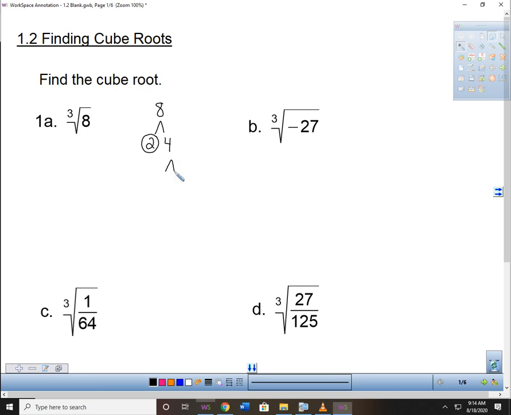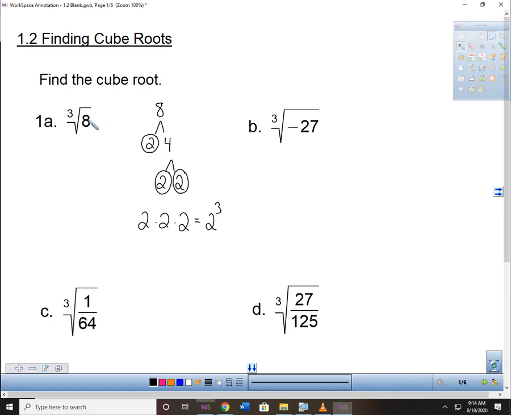Then 4 can be split into 2 times 2, and those are both prime numbers. If I wrote this out as a prime factorization, you would have 2 times 2 times 2. How could I write that with a power? That would be 2 to the 3rd power.